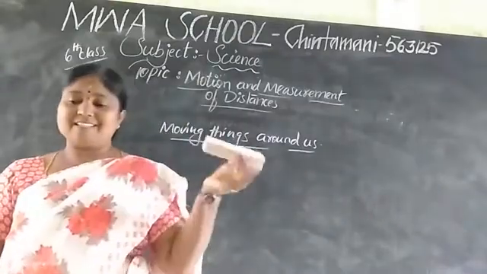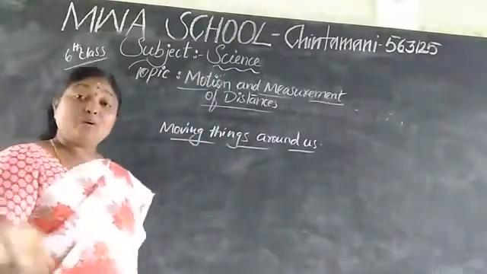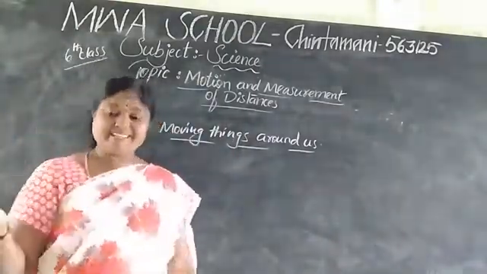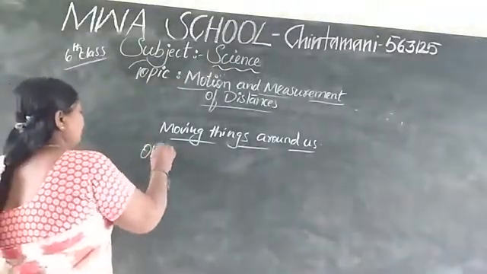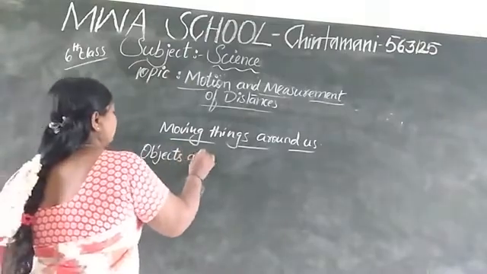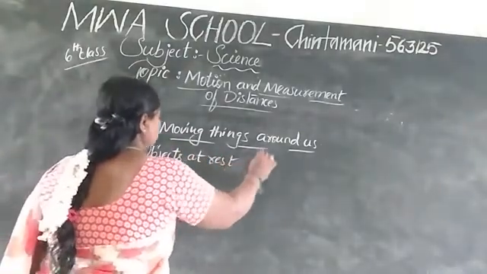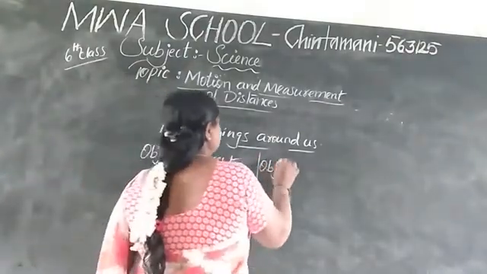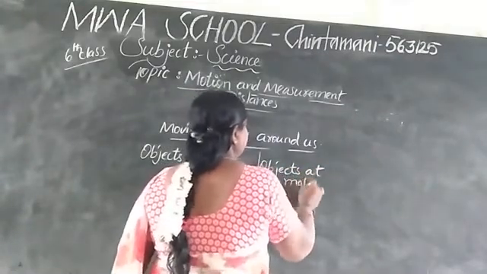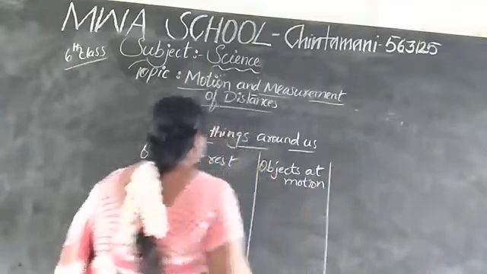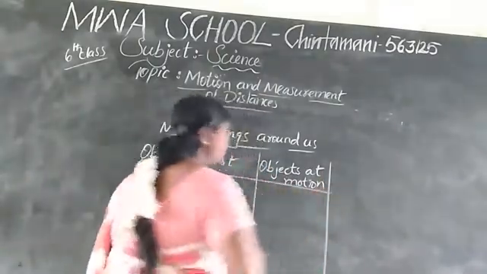Is it? Yes. So for this, which are the objects at rest? Which are the objects in motion? Take a tabular column like this, children, and we can mention it.